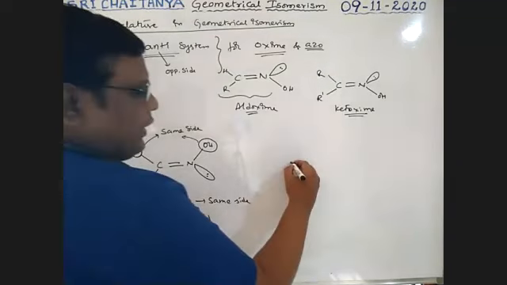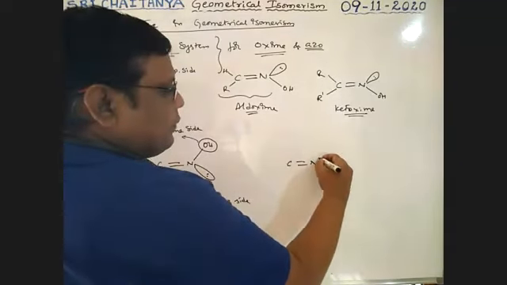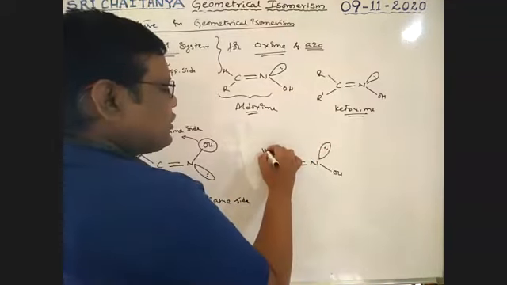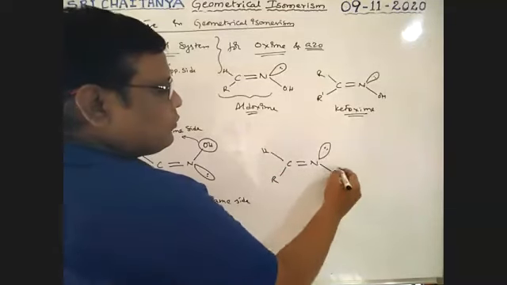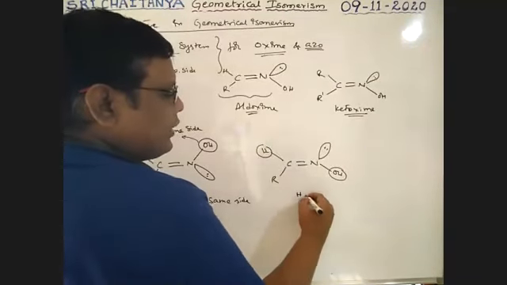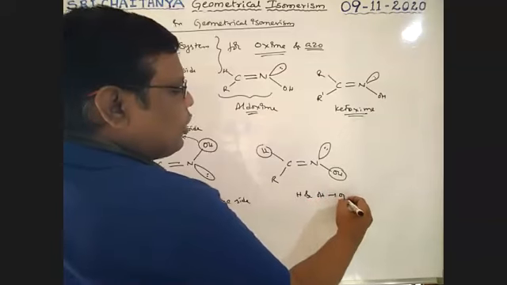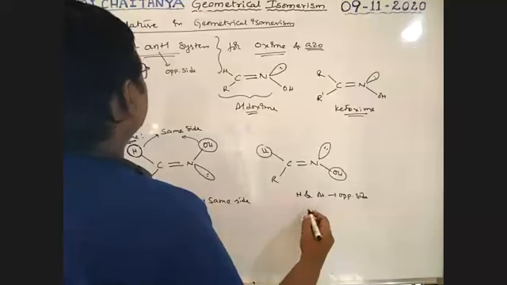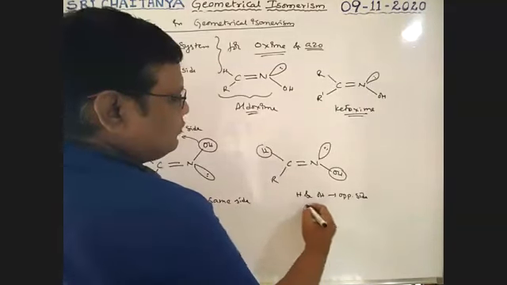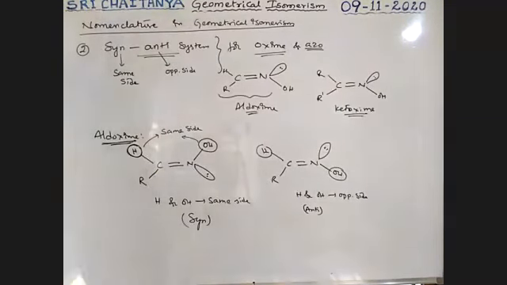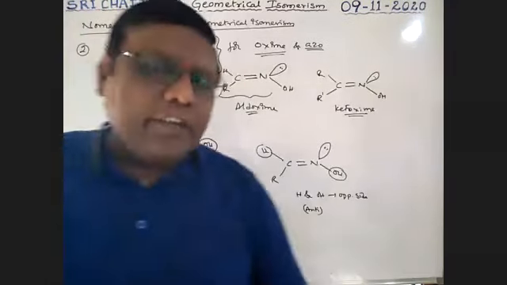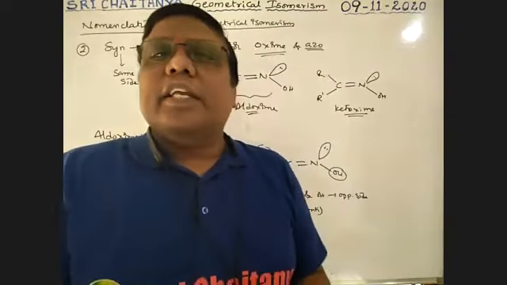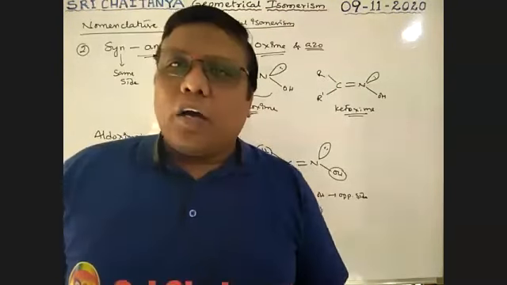If H and OH are on opposite sides, it is the anti form. If H and OH are on the same side, that is the syn form. So the syn anti system is applicable for aldoximes like this.